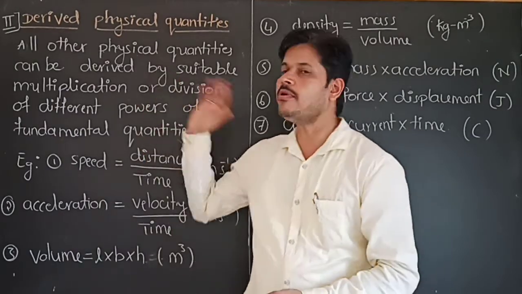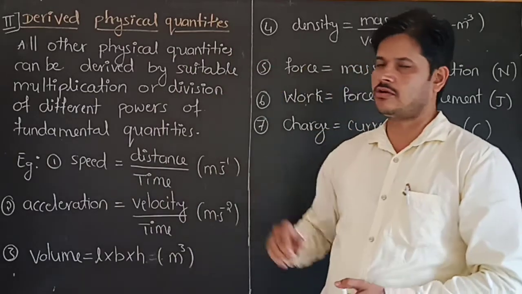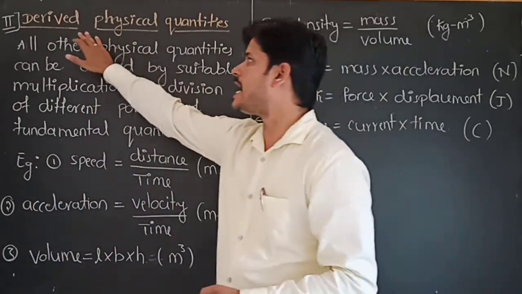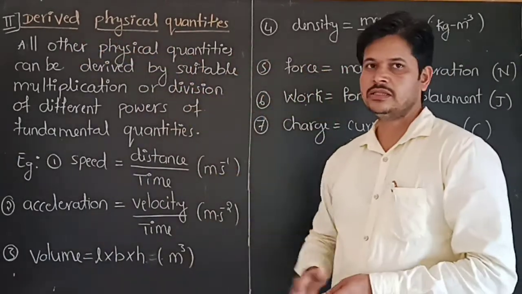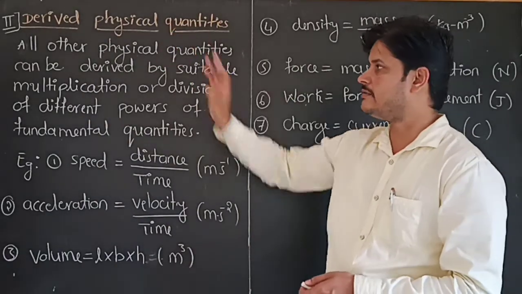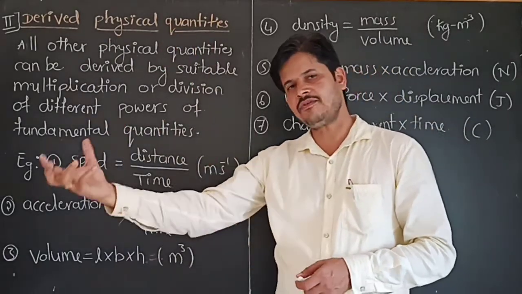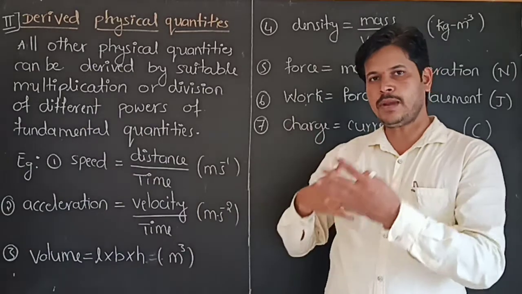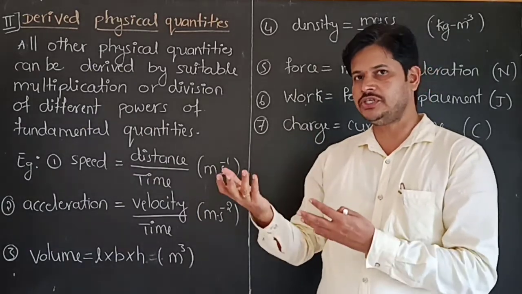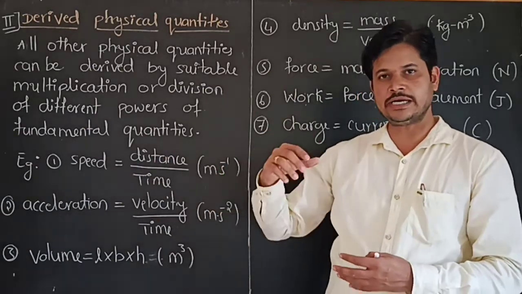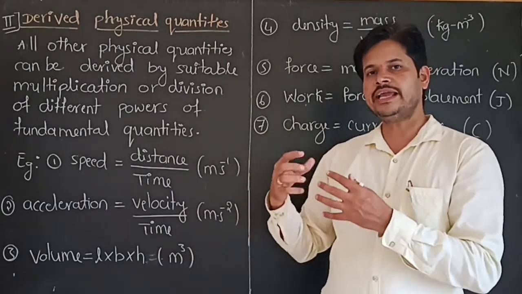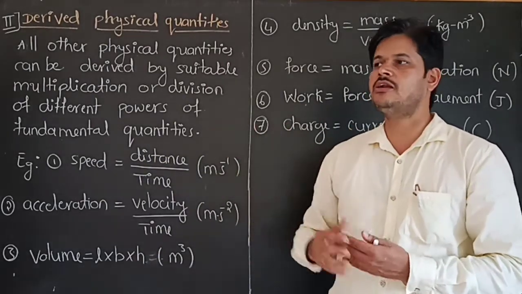This is the second type of classification of physical quantities. This is called derived physical quantities. The name itself tells us: derived. That means by taking the fundamental quantities and applying multiplication or division to their powers, we can derive a new physical quantity.